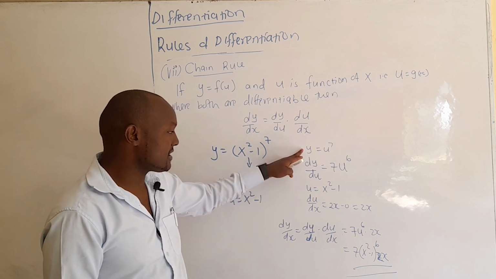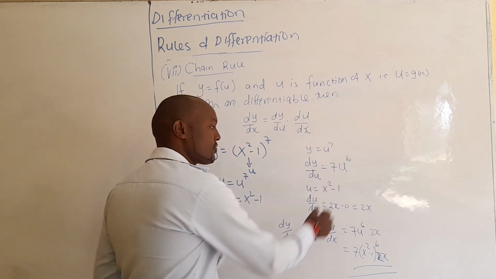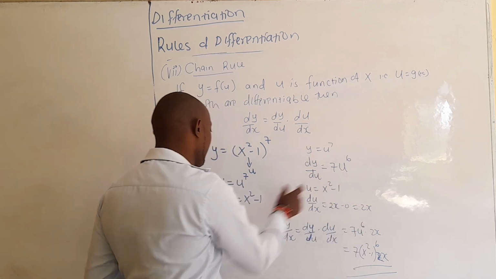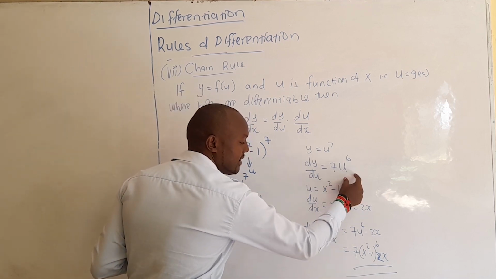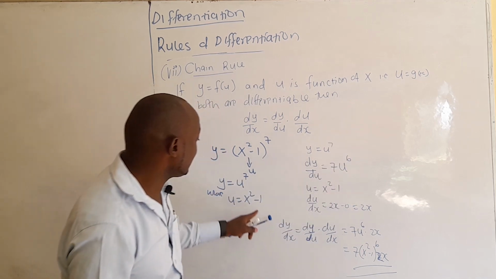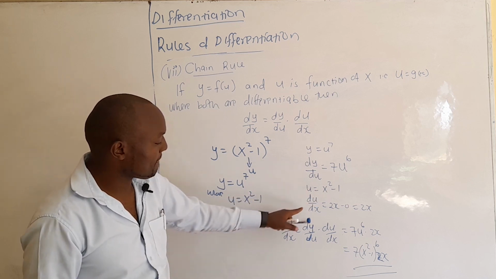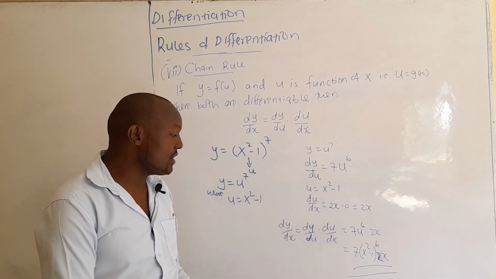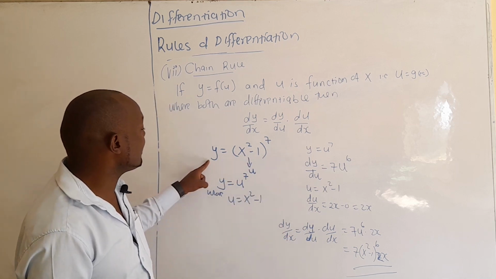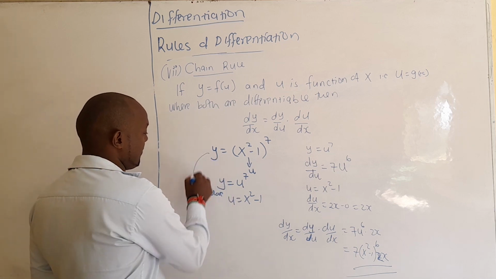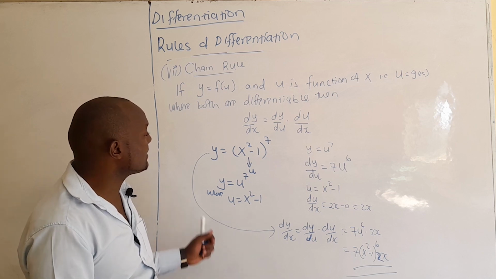We differentiated u independently and got 7u to power 6, then replaced u with x squared minus 1, times du over dx, the derivative of x squared minus 1, which is 2x. So we are solving them separately, and with that you get the derivative of y with respect to x. It's very simple.